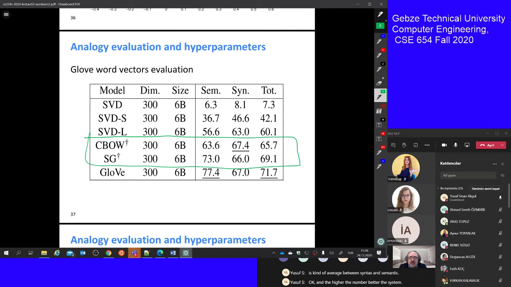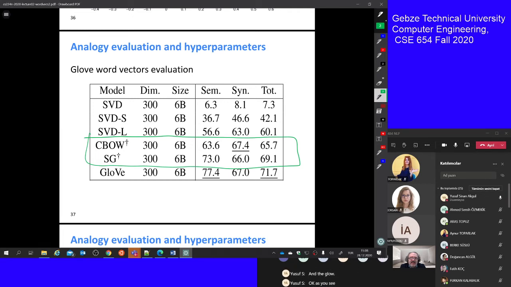As you see, GloVe is performing better than the other systems. In one case, for the syntactic relationships, continuous bag of words is doing better, but GloVe is very close. For the others, especially for the semantic relationships, there is a large difference between continuous bag of words and GloVe.